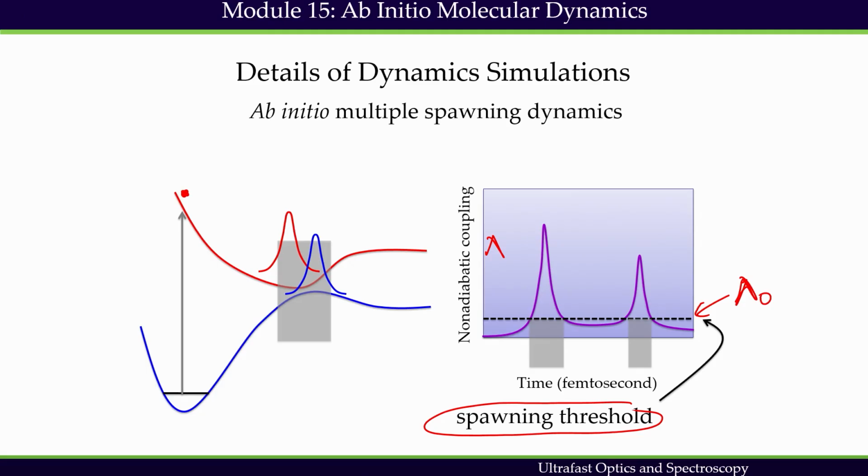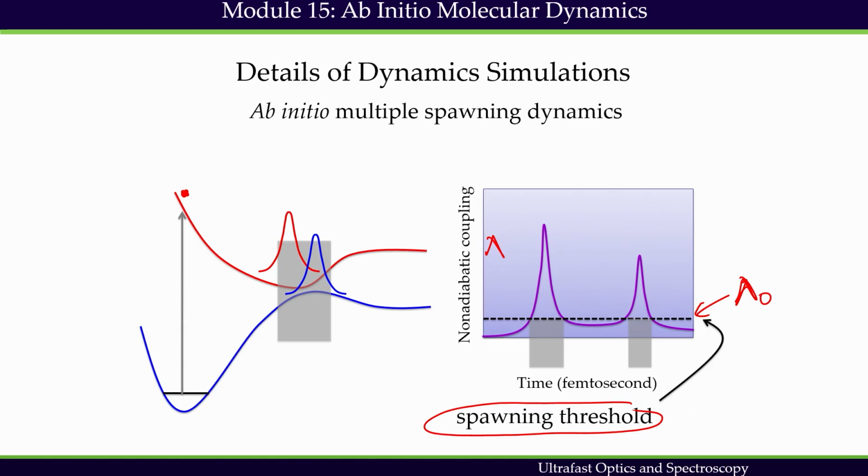As pointed out earlier, the AIMS method adjusts the total number of trajectory basis functions, aiming at describing quantum mechanical effects associated with electronic non-adiabaticity. A new trajectory basis function is spawned whenever the existing excited state trajectory passes through a region of significant electronic coupling to the lower electronic state. What does it mean?